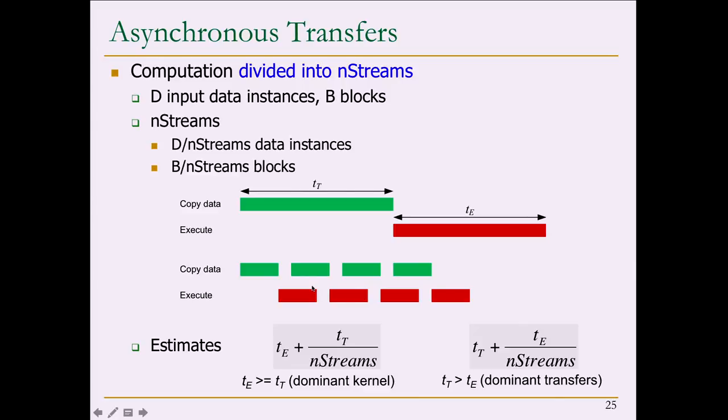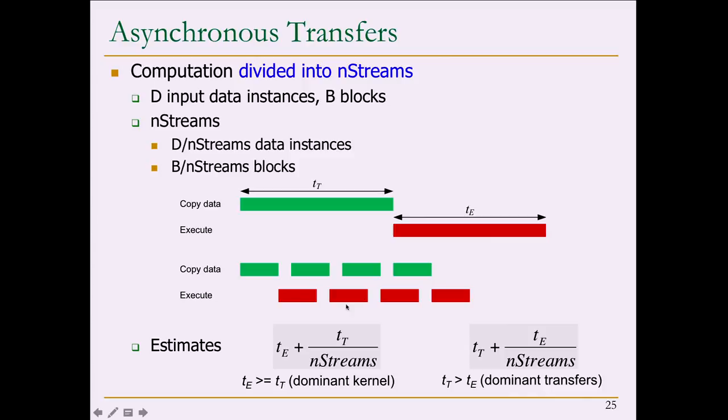In theory, the overlap that we can achieve is quite good, and as you see, there are some very raw estimates in the slide. Depending on which of the 2 parts takes longer, the data transfers or the kernel execution, it will be the data transfers that hide the kernel execution, or the other way around.